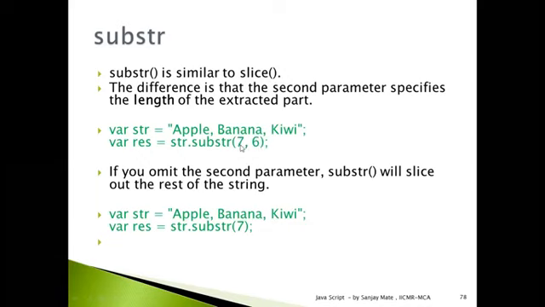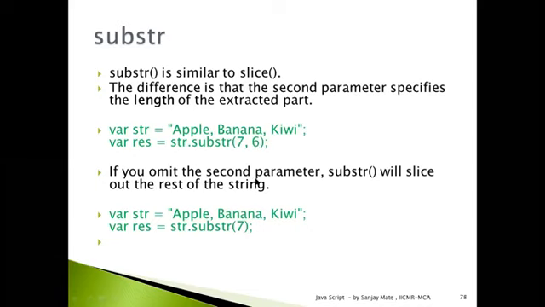It means, from the 7th character, give me 6 characters. So from the 7th, that is from B, give 6 characters: this is 1, 2, 3, 4, 5, and 6. So it will return banana. So here you are providing the length, and there you are providing from where.